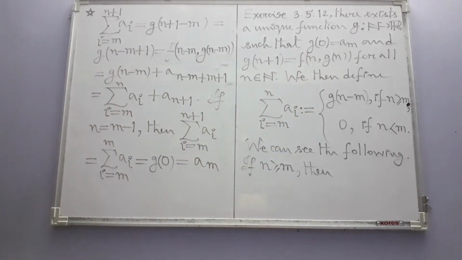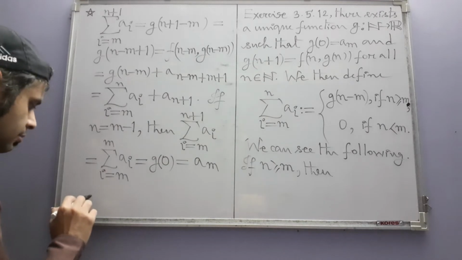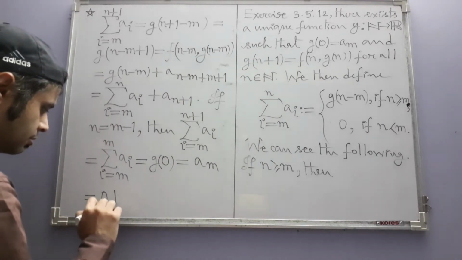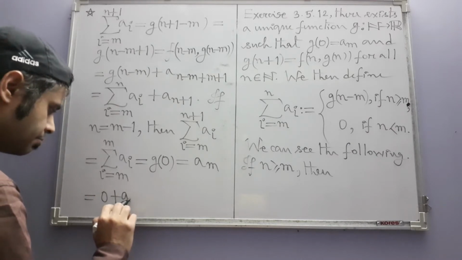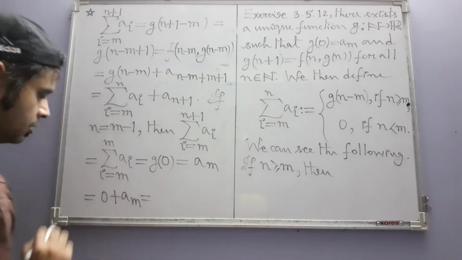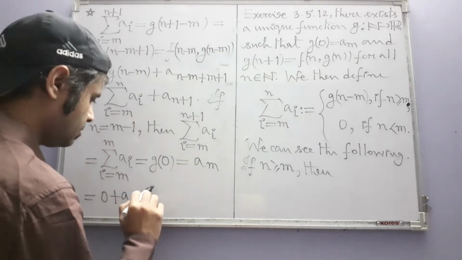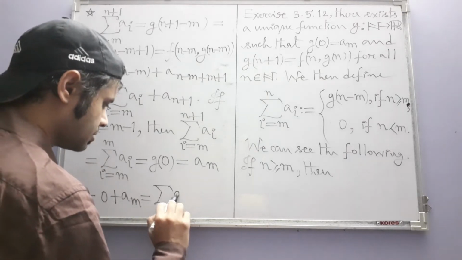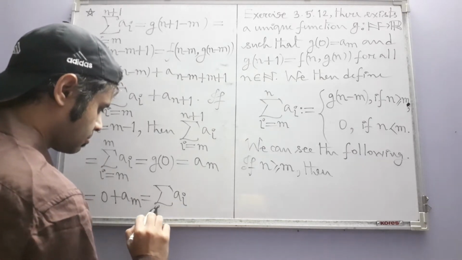And in place of a_m we can also write, of course, 0 plus a_m. Now note that you can write in place of 0 this.